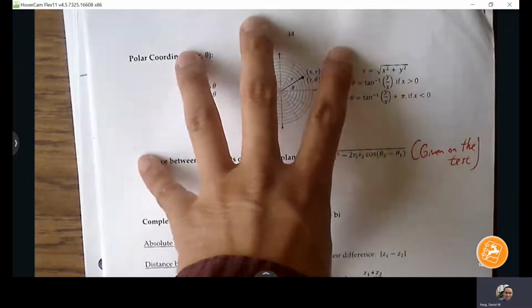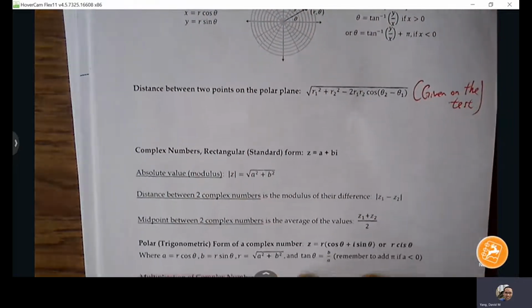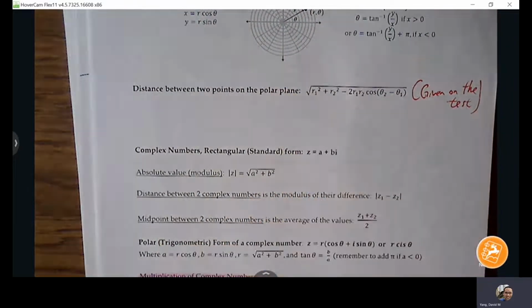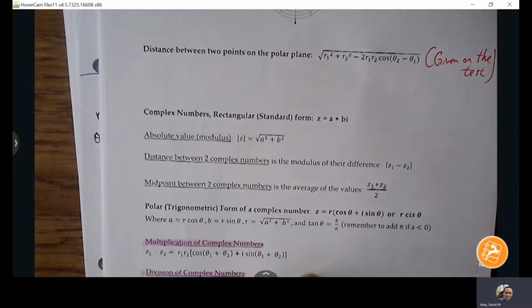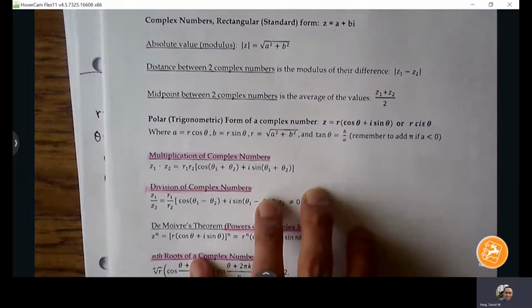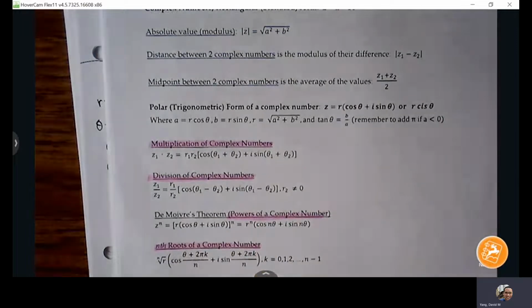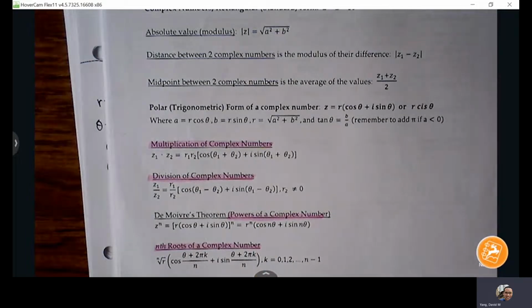If you look on page 34, you're responsible for all the formulas, so you have to memorize all the formulas that we're working with, except for the distance. I'll give the distance. I'll leave this up here on the board. From polar to standard, from standard to polar, hopefully you guys are getting comfortable with the Pythagorean theorem, inverse tangent, r cosine theta, r sine theta.